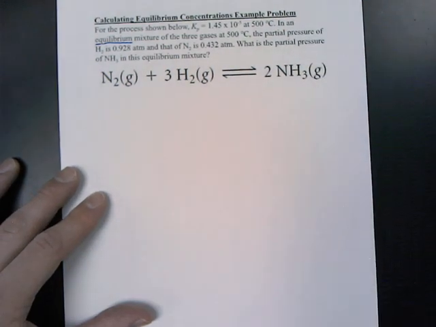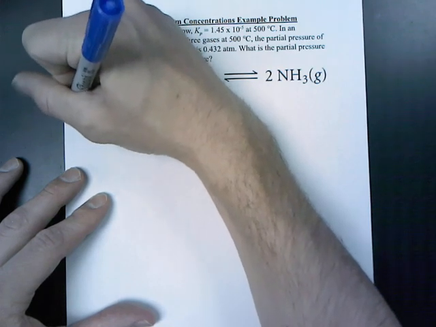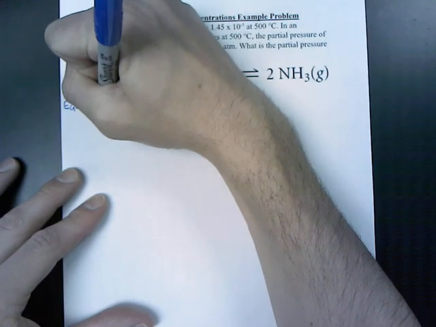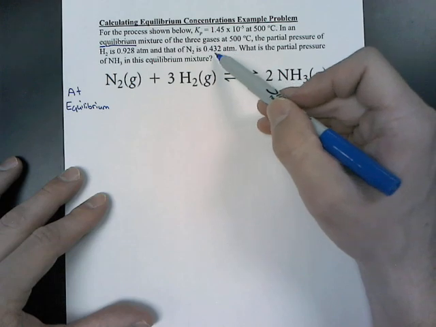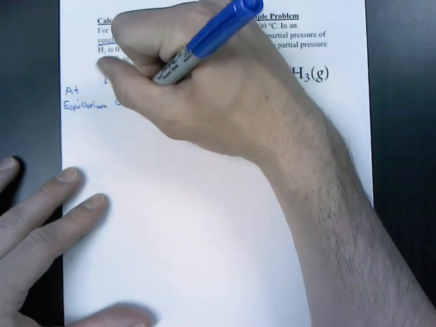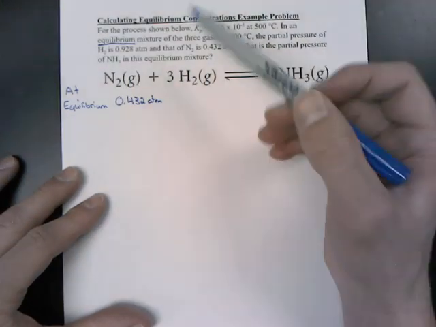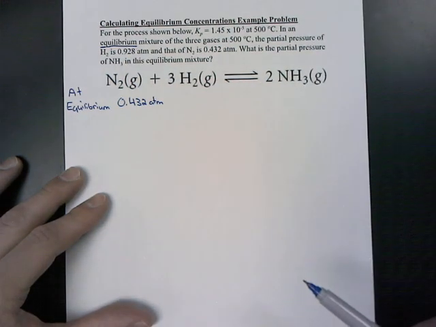So I'm just going to put a little note here, and I'm going to say at equilibrium, our N2 in this particular example is 0.432 atmospheres. And our H2 is 0.928 atmospheres.